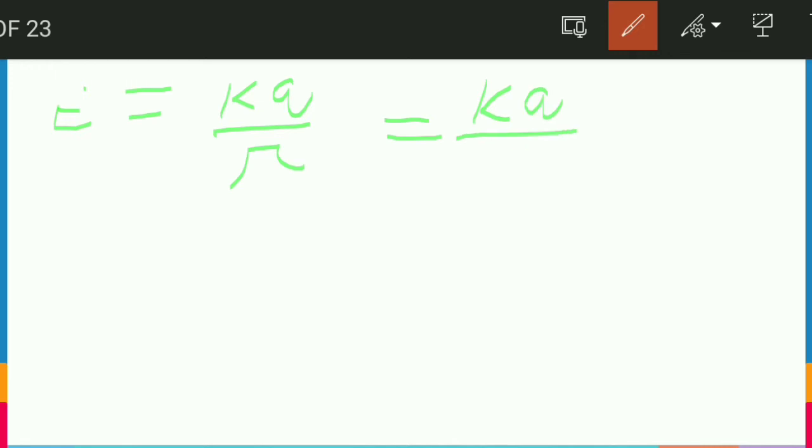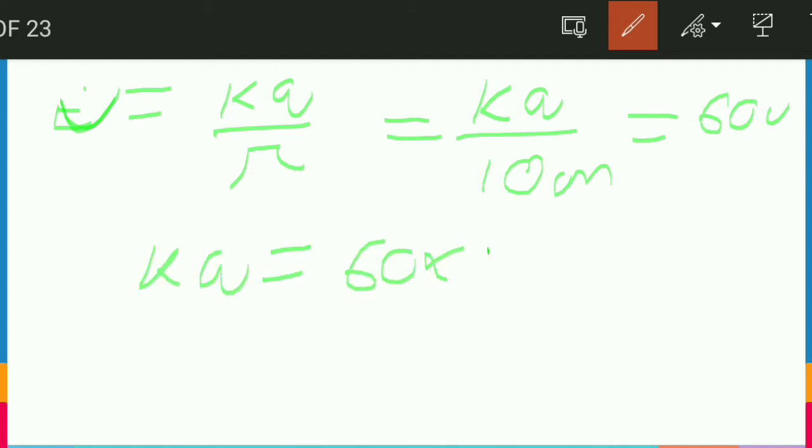Sorry, I have written wrongly, this is E, this is V. So V is kq by r, and r was our 10 centimeter, because at the origin it was 0 and at the first equipotential surface it was 10 centimeter away, so delta r will be 10 centimeter, and at that point the potential was 60 volt. So from this we will get the value of kq equal to 60 into 0.1, and it will be equal to 6.